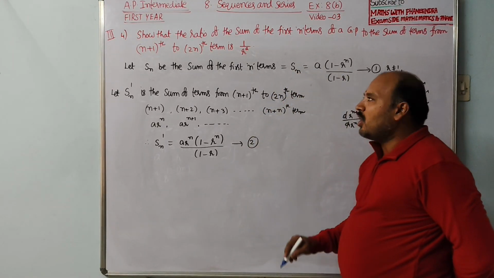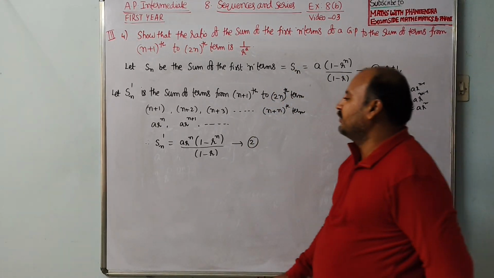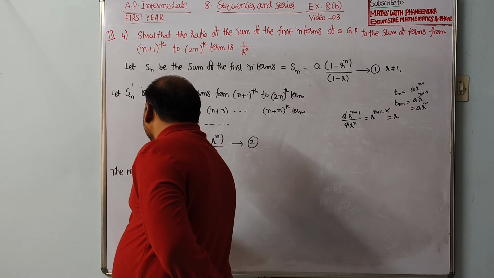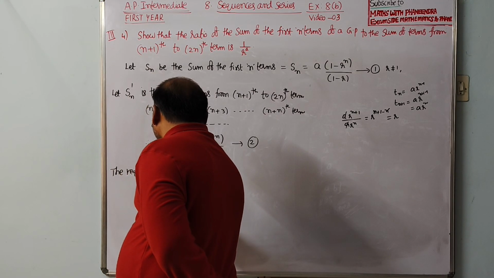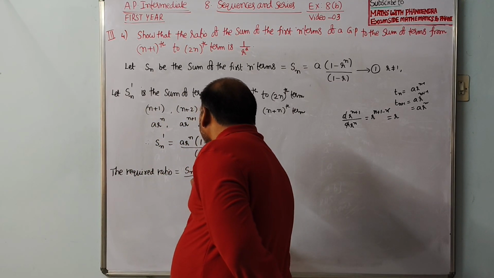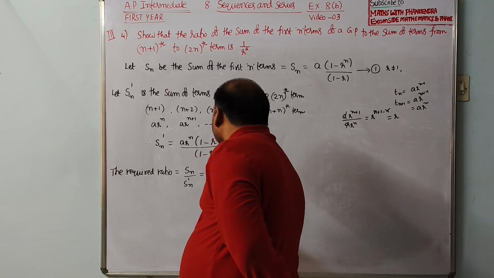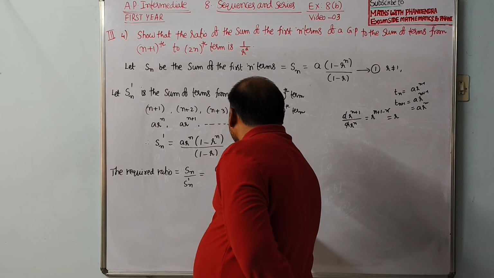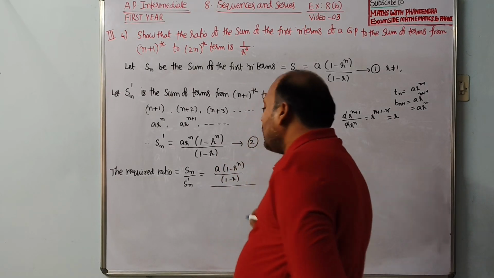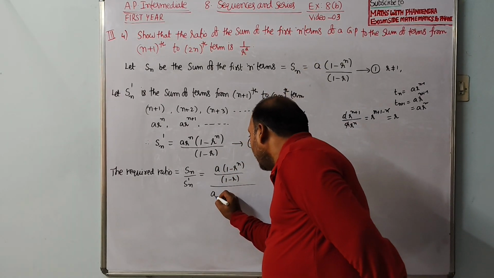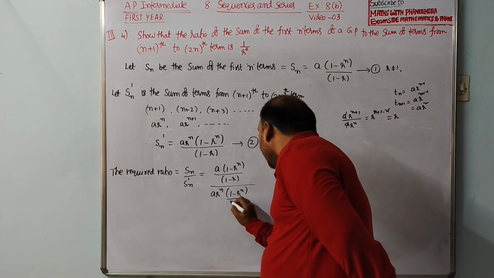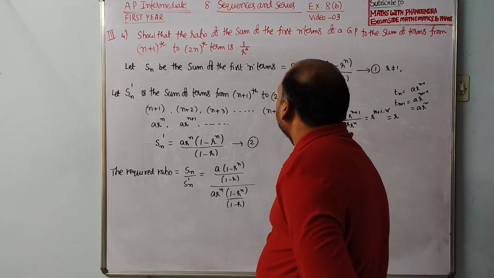So the required ratio is Sn by Sn dash. So a into 1 minus r power n by 1 minus r, whole divided by a r power n into 1 minus r power n by 1 minus r.